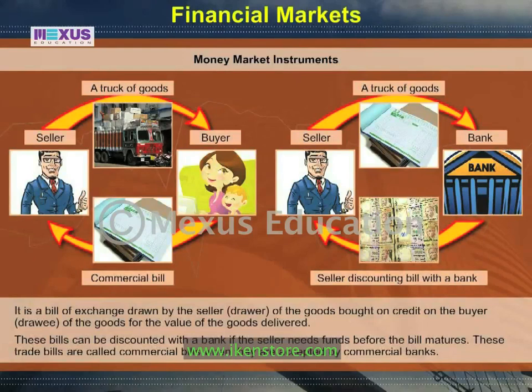It is a bill of exchange drawn by the seller or drawer of the goods bought on credit on the buyer or drawee of the goods for the value of the goods delivered. These bills can be discounted with a bank if the seller needs funds before the bill matures. These trade bills are called commercial bills when they are accepted by commercial banks.